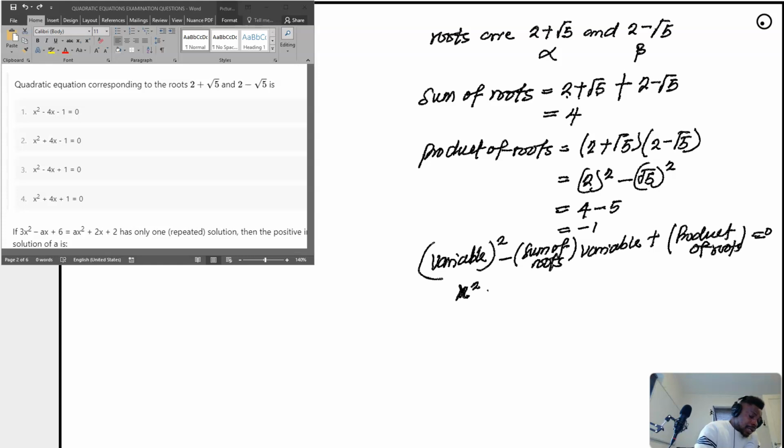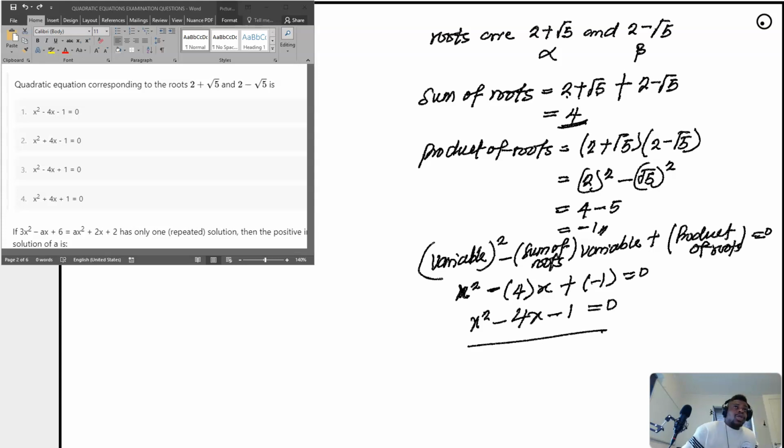So x squared minus sum of roots, that is 4, which is what we got here, times variable x plus product of root, that is minus 1, which is here, is equal to 0. So x squared minus 4x minus 1 is equal to 0. So our option here is option A.